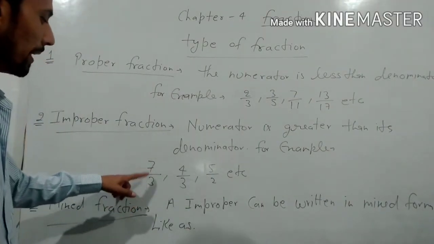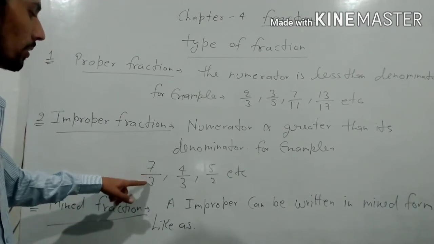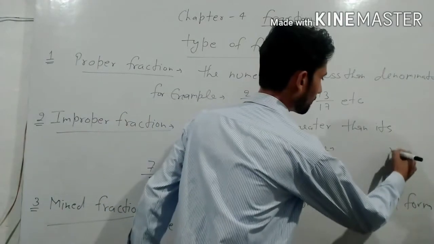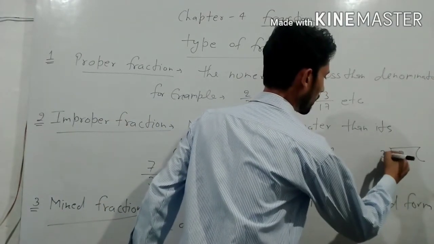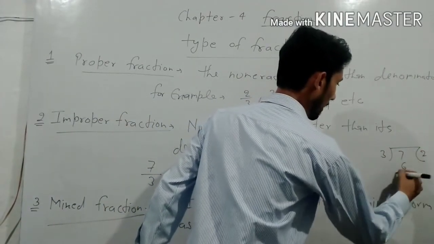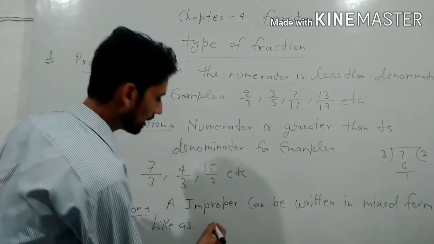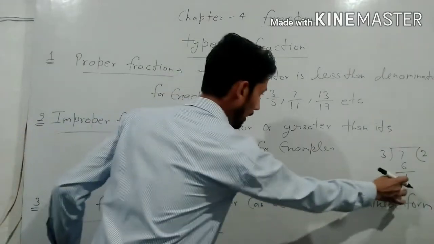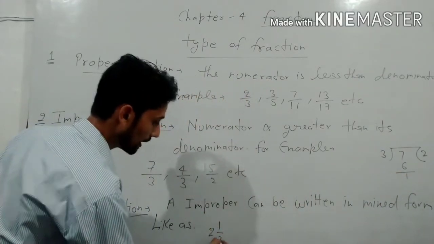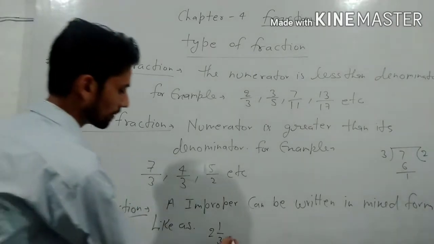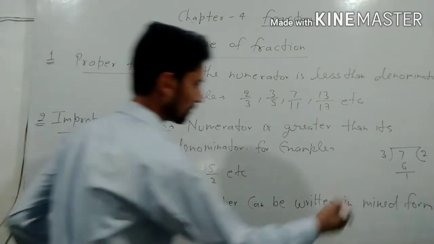So we divide 7 by 3. 3 twos are 6 and 1 is remainder. So we write the quotient in front, remainder at the top and divisor below.